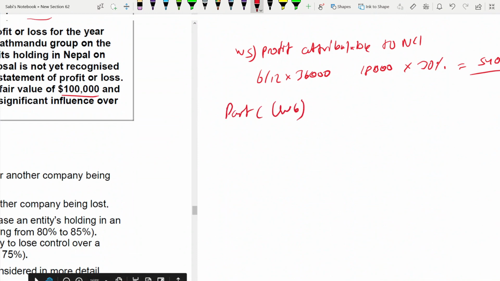Why? Because when you are doing it partially, the profit will be different. So profit on part disposal. I'll first finish the working because this is only one working that is required. But remember, even this working, you need the previous workings, working 2, 3, and 4, the help of it. So since I have the answer with me already, I don't have to redo it again.